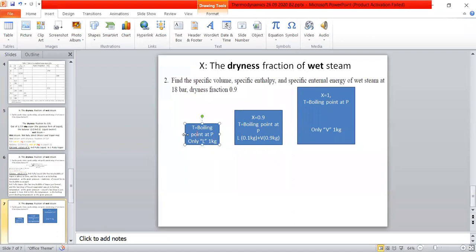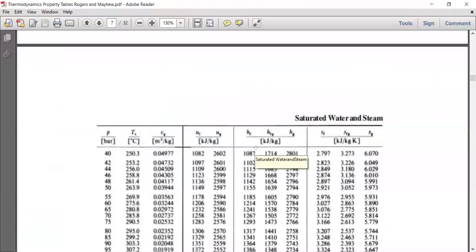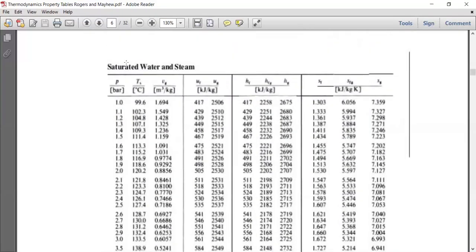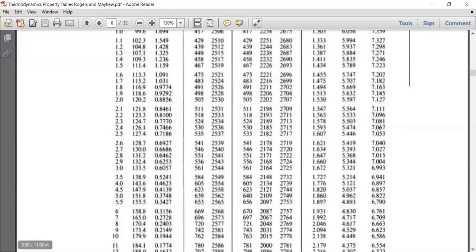Yeah, good. So when you have this basic understanding, you can answer this question. If you go to the steam table, for example, let's say 18 bar is in the bar column, saturated water and steam. Instead of vapor, they use the word steam because water vapor we call steam.